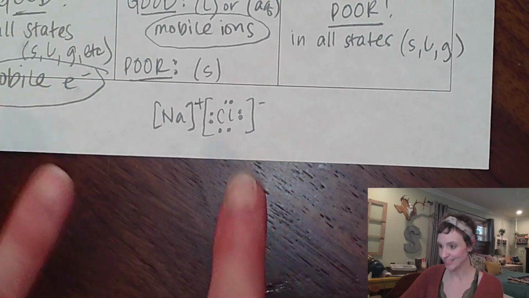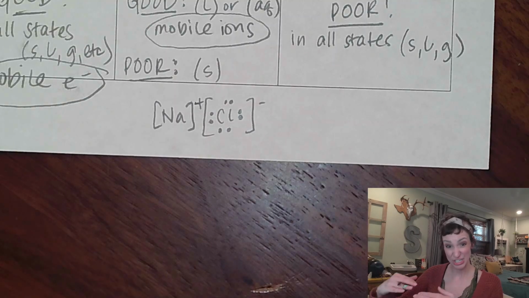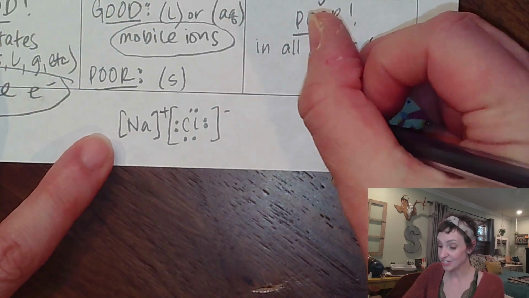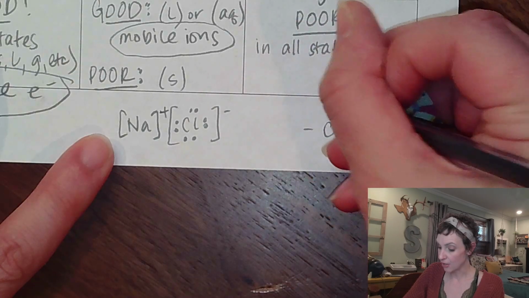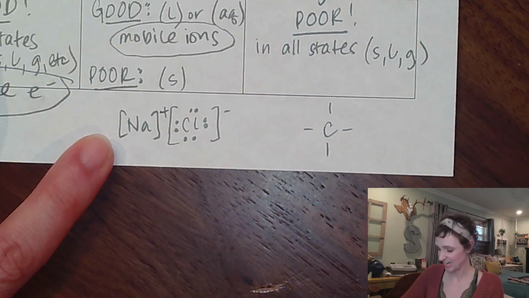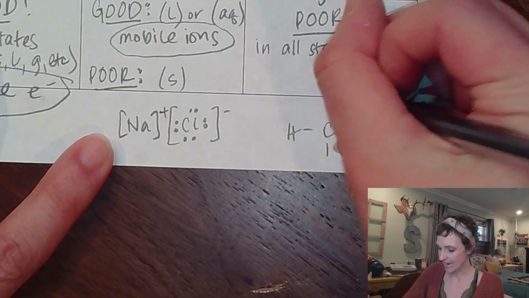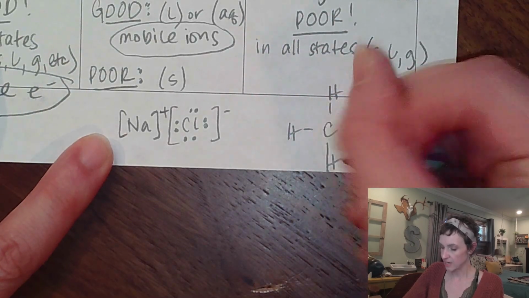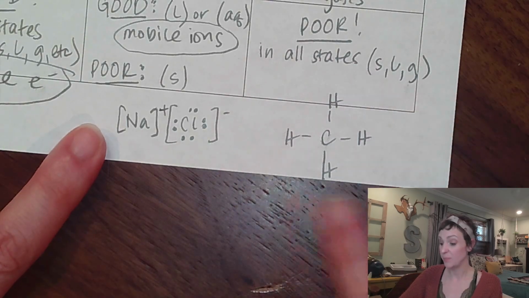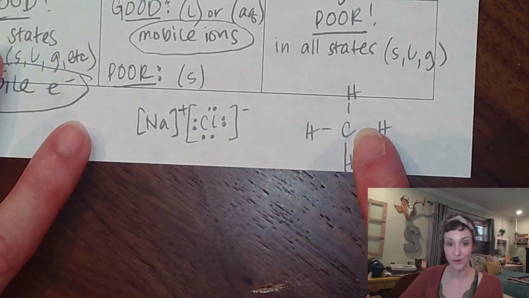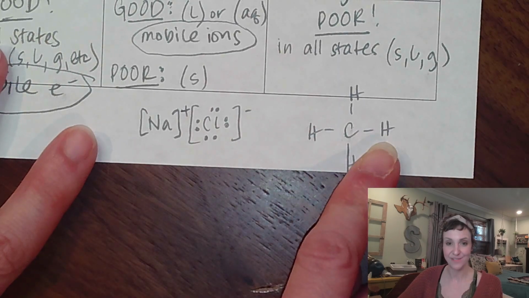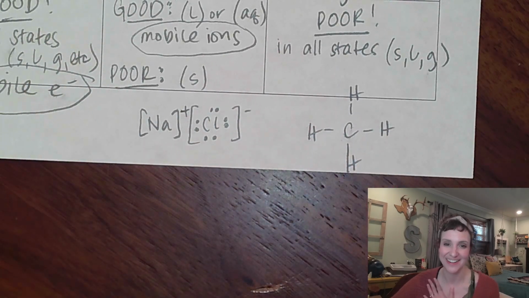Now, covalent compounds, they're not just stuck together. They are going to be a shared bond pair. So what that actually means for me is if I were to draw carbon bonded to 4 hydrogens, carbon and hydrogen, they are all nonmetals. You're going to actually see this. This would be a Lewis dot structure for covalent molecules. So here's the difference of those, and that is what we're going to get into in our next lesson.